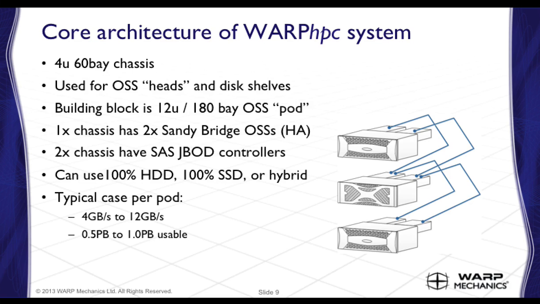And would yield a usable capacity of somewhere in the vicinity of a petabyte per pod, depending on what compression ratios you get, such that you could get multiple petabytes per rack, and potentially 3 dozen or more gigabytes per second per rack.